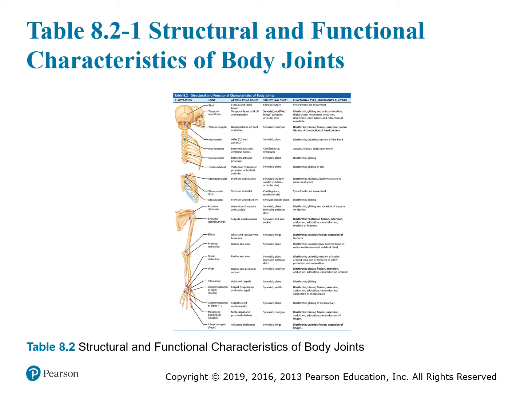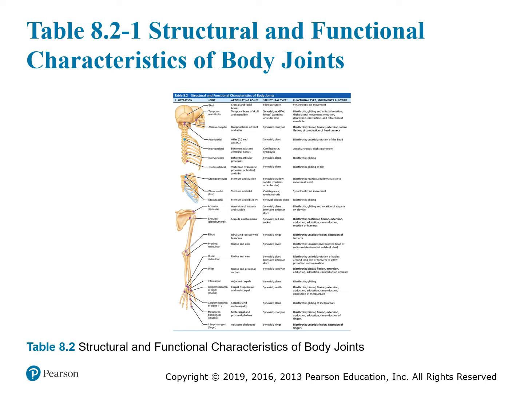The carpometacarpal joint of digit 1, or the thumb, is the joint between the carpal trapezium and metacarpal one. This is a synovial saddle joint, and functionally it is considered diarthrotic, biaxial, and has movements including flexion, extension, abduction, adduction, circumduction, and opposition of metacarpal 1.